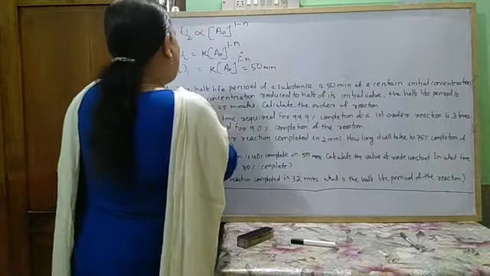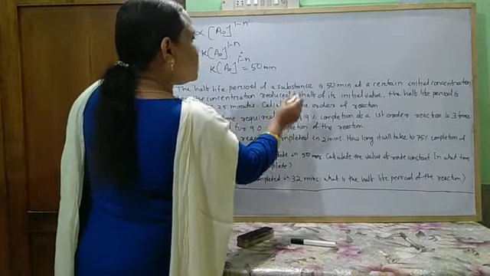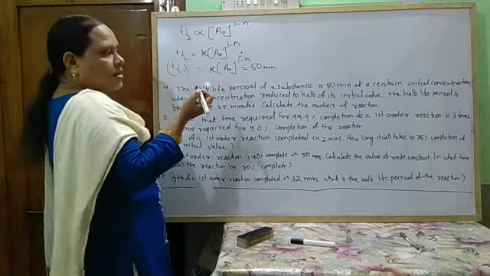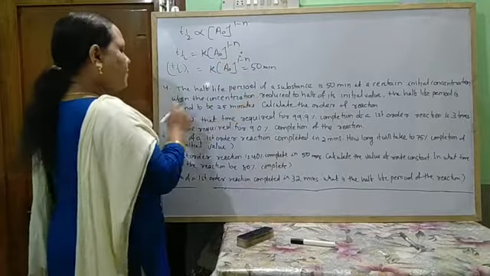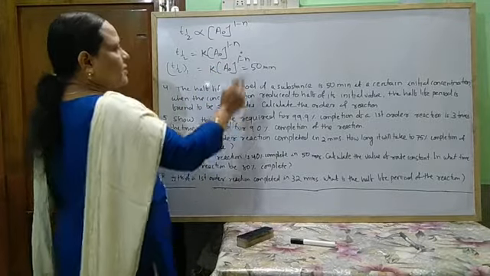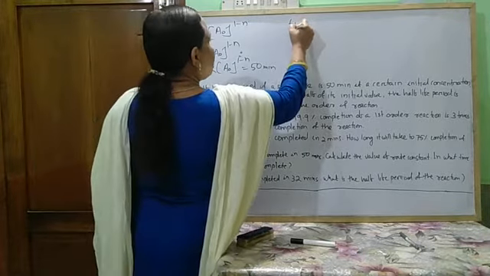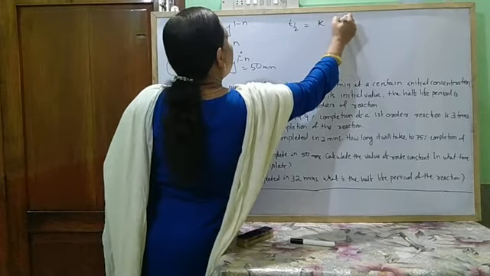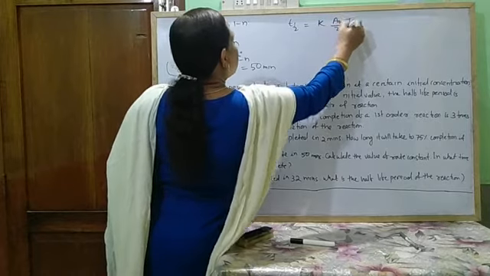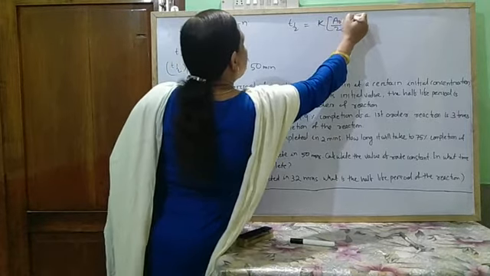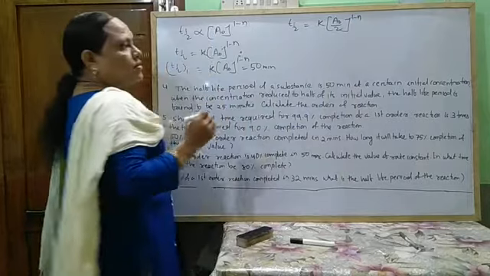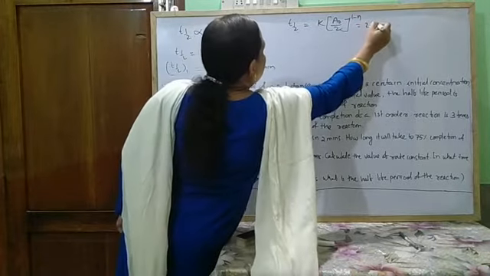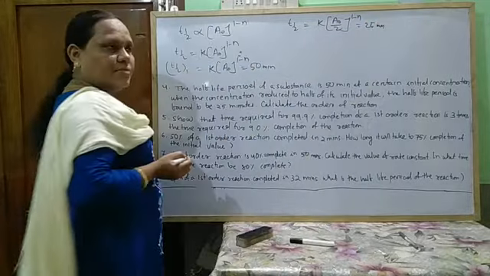When the concentration is reduced to half of its initial value, A naught by 2, the half-life is found to be 25 minutes. So in the second case, T half equals K times A naught by 2 to the power 1 minus n, and T half equals 25 minutes.